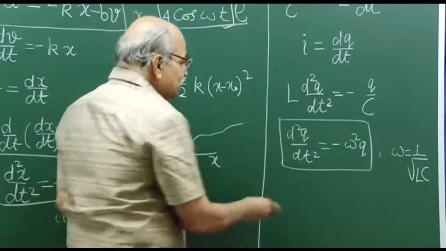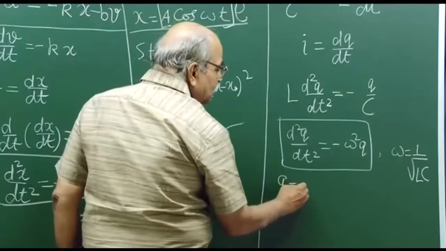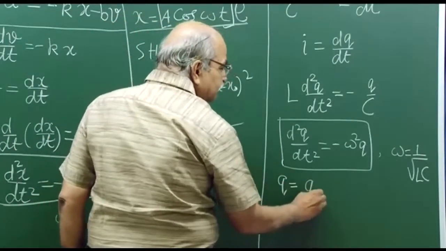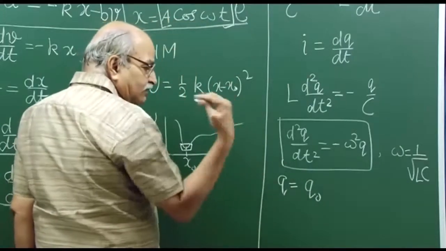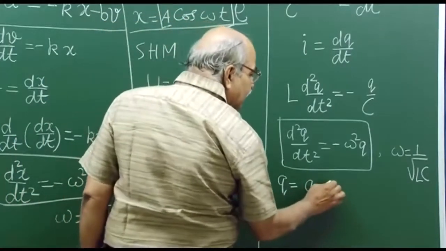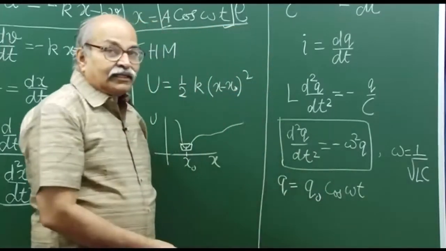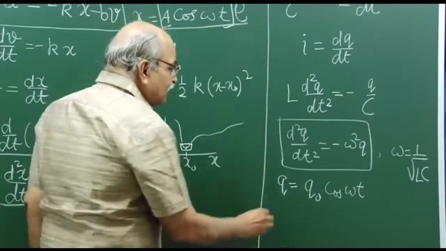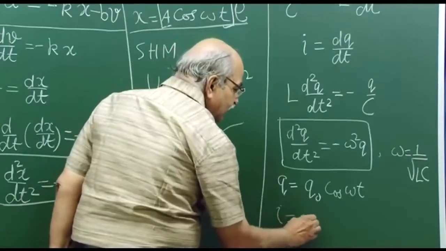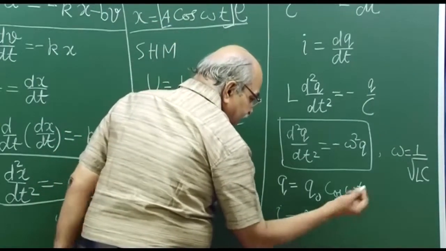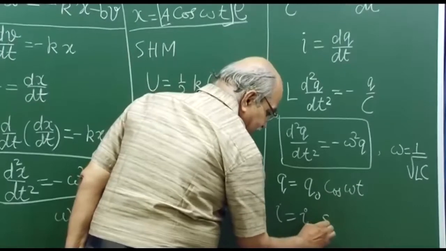That oscillation will again be given by q equal to some q naught, the maximum initial charge that you have given, times cos omega t. And similarly the current will oscillate, I equal to I naught times sin omega t or like that.